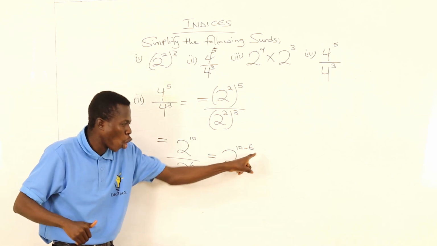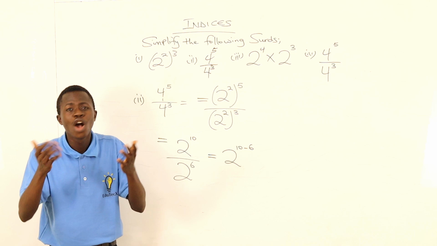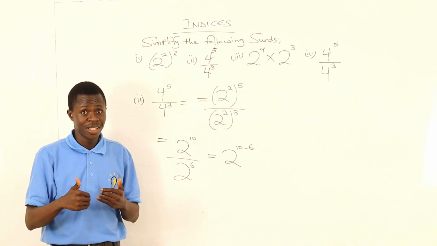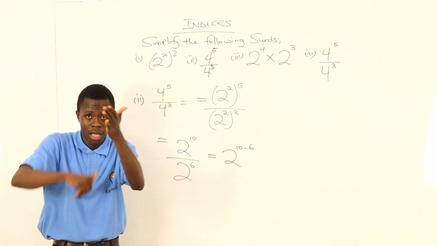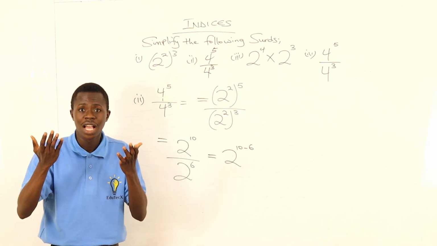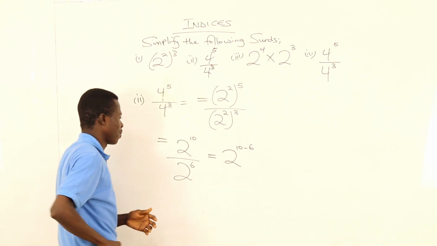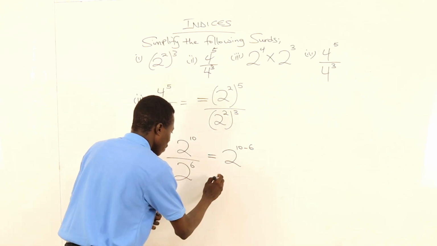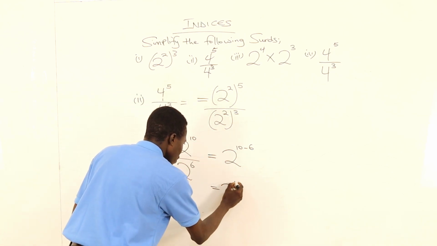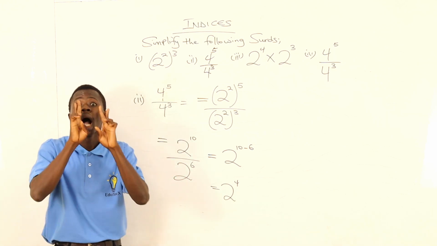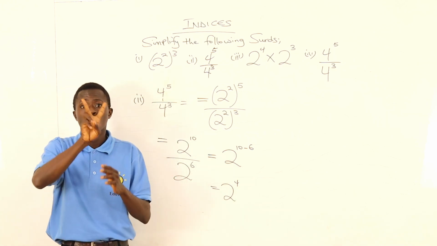So when we subtract, 10 minus 6, the answer we are going to have is, yes, 4. So we write that as well. We are going to have 2 now raised to the power 4.